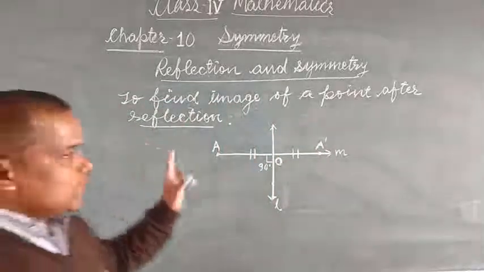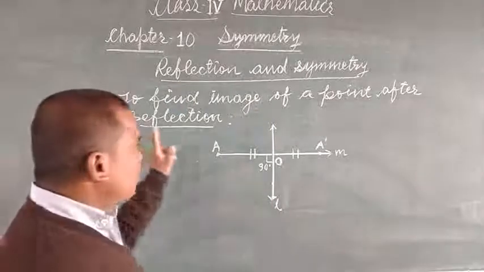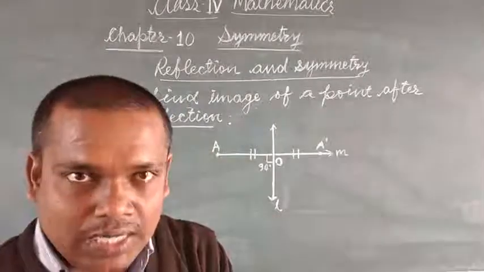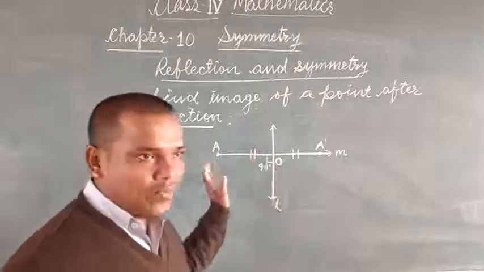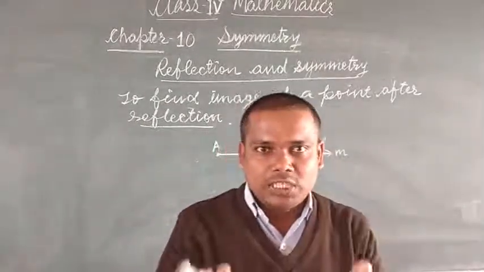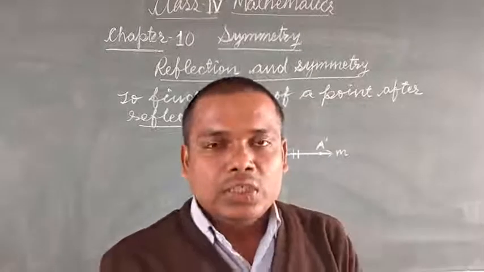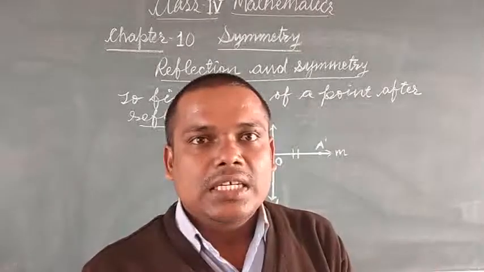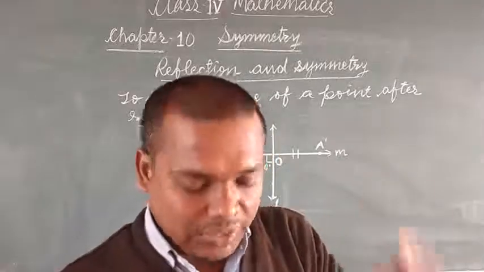Okay. So this is the topic, to find the image of a point after reflection. In this case I have taken a vertical line. Now I am going to take a horizontal line to find the image after reflection.